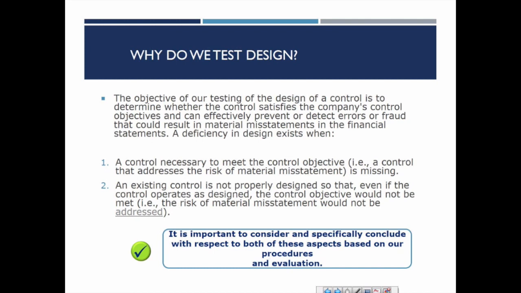So remember, when the auditor is testing the control, they've already made an assessment about the effectiveness of internal controls, right? During the risk assessment process, when they're assessing the risk of material mistake, they've already made that assessment.